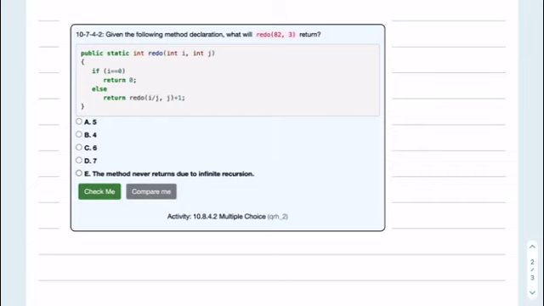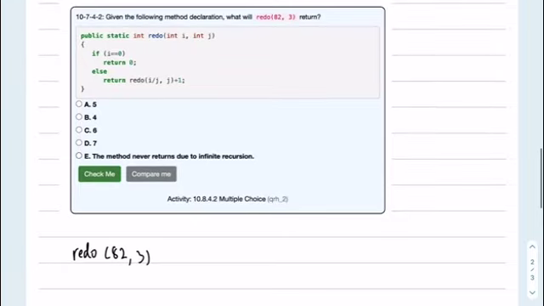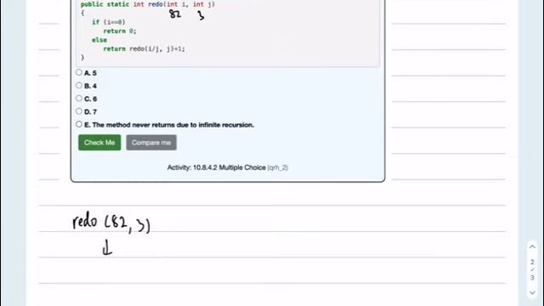This is also a pretty typical recursion question, where what I really start with is simply by writing the method out. And so that equating to 82 and that to 3. If I equals 0, return 0, but since 82 is not equal to 0, what we should return is redo 82 divided by 3.